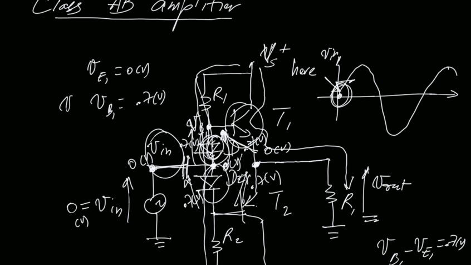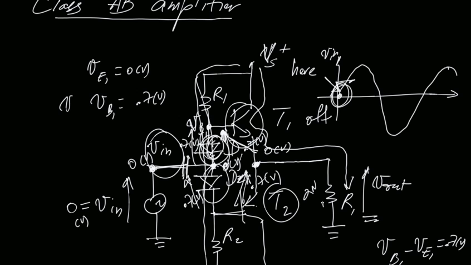And if I have 0.7 volts between the emitter and the base for a PNP, this transistor turns on. And if this transistor turns on, this one obviously will be off. Because now, as soon as this one drops below 0 volts, I don't have enough voltage between the base and the emitter. And this one turns on and that one turns off.